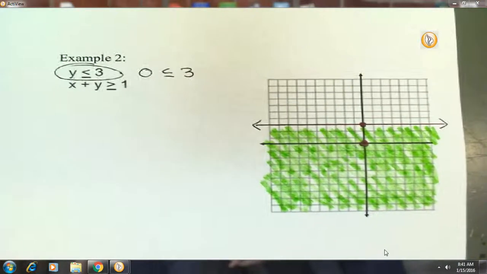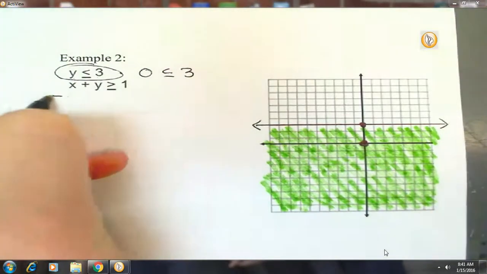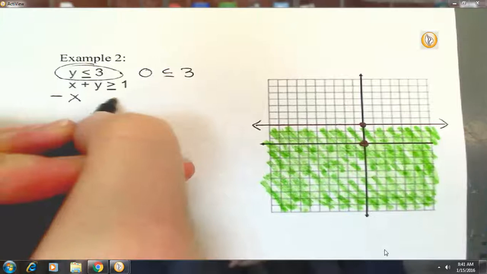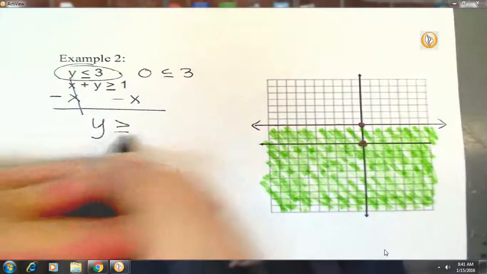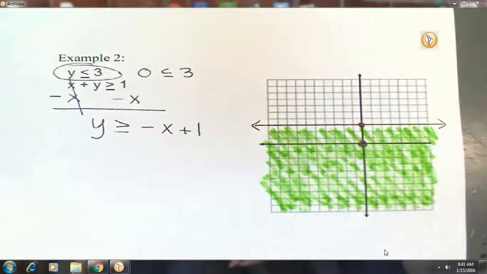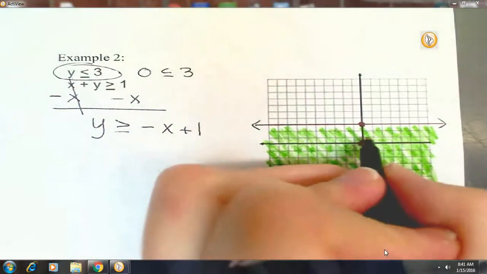Is that in slope-intercept form? No. Let's put it in slope-intercept form. What would you do first? I would subtract x. Yeah. So y is greater than or equal to negative x plus 1. What is the y-intercept then? Positive 1.